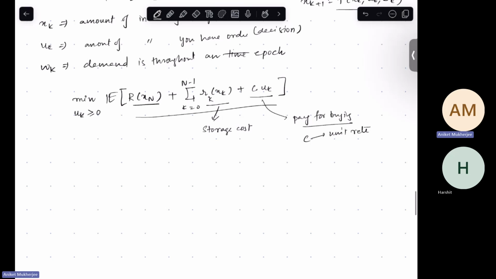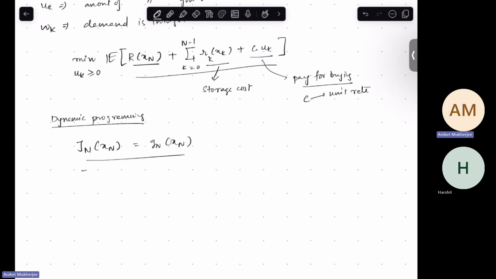So if you apply the dynamic programming here, what you do is J_N(x_N) equal to g_N(x_N). I'm just rewriting the dynamic programming steps.